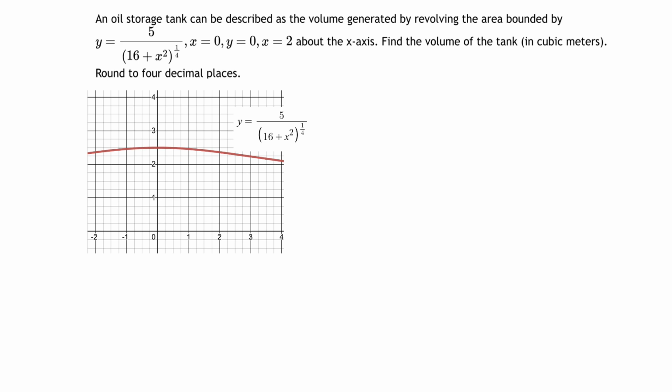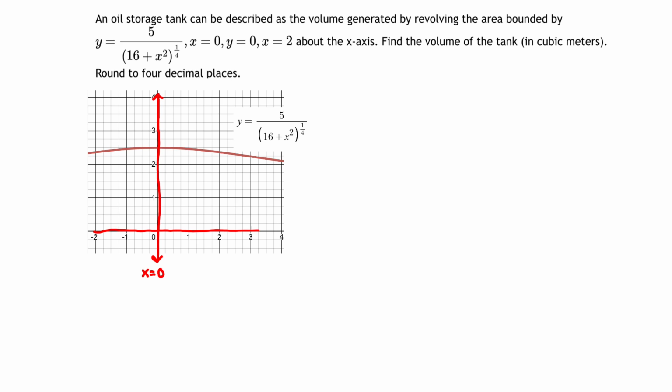this curve looks like. So let's add to that curve the other curves that bound the region that we're rotating, namely x equals 0, which is a vertical line at 0 along the x-axis, and actually coincides with the y-axis, right?